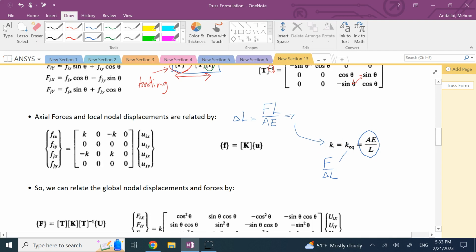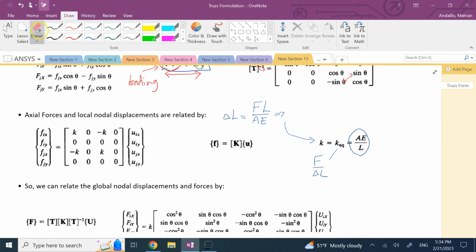We know that one. And we also know that this member is a two-force member like this. And what we have at the nodes is Fi and what?